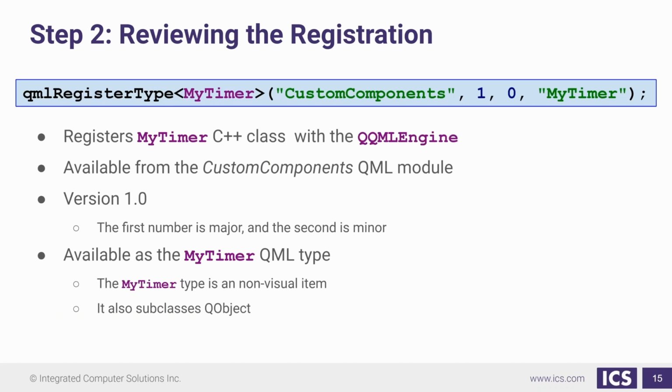So here, just to look at this a little more in depth, we have qmlRegisterType, followed by the type we are registering. Inside of our brackets, we have the string for the module it's going to be, our version 1.0, and then MyTimer, which is what we're going to call it on the QML side.